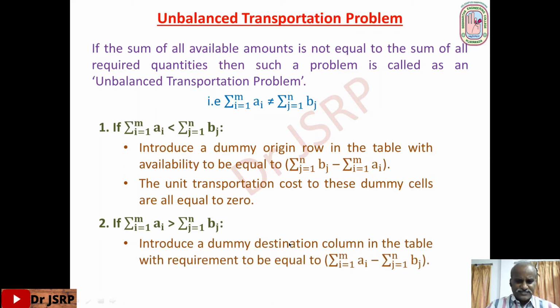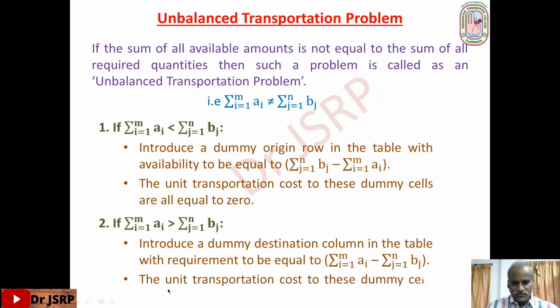Since this is a dummy destination, similarly the transportation cost per 1 unit for these dummy cells is taken as 0. In this way, we balance the problem when the given problem is unbalanced. From here we solve the transportation problem as usual.